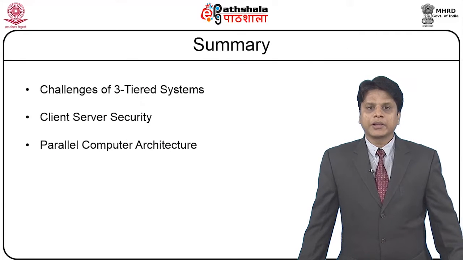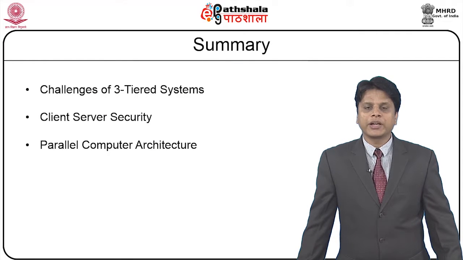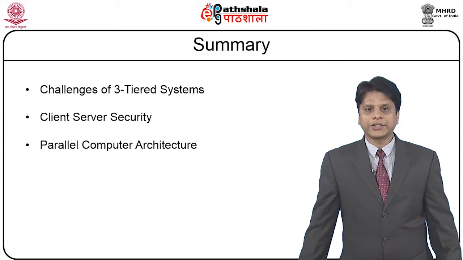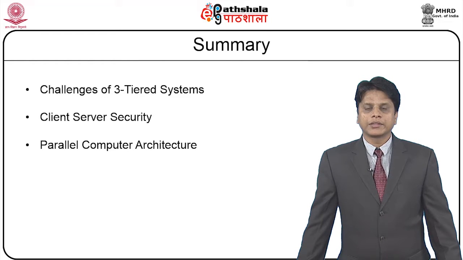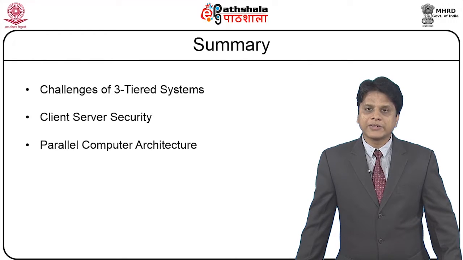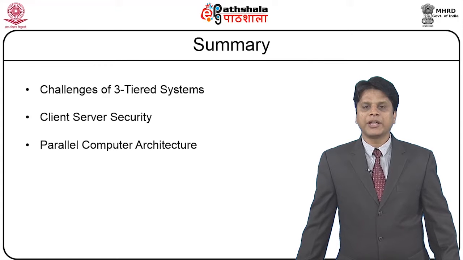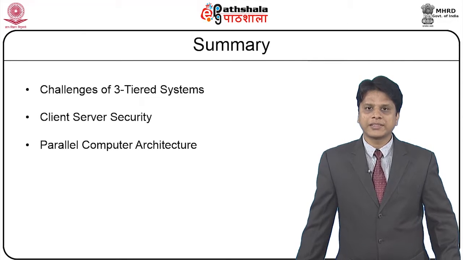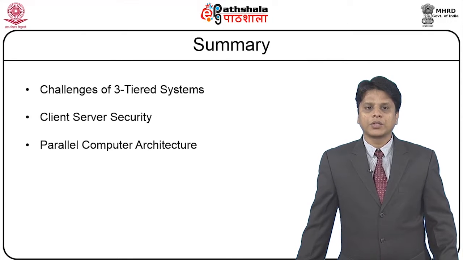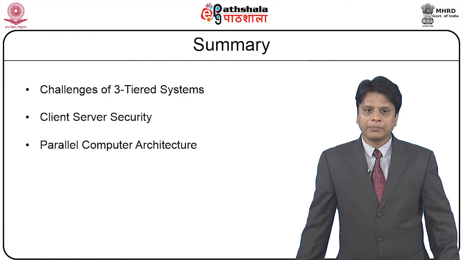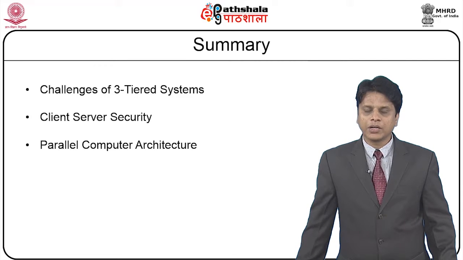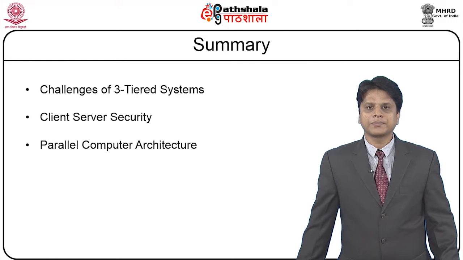In summary, in this particular session we have looked at the challenges of three-tiered architecture systems. Then we looked at client server security, where the major threats are things like unauthorized access to the client server machines. Not only that, before we talked about parallel computer architecture, we hinted at the tightly coupled and loosely coupled architectures.